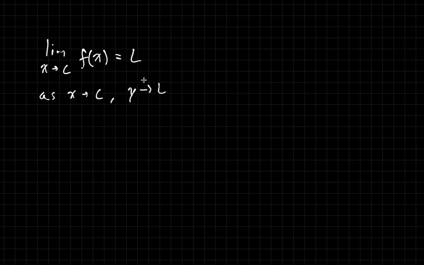So if I wanted to write the limit in a general sense, I would just write the limit as x approaches c for some function f of x equals L. So remember, this is the exact same thing as saying as x gets closer and closer to c, y gets closer and closer to L. They're the same thing.